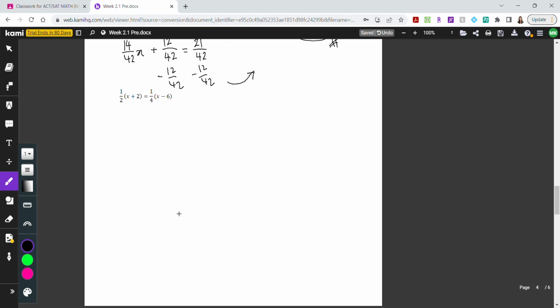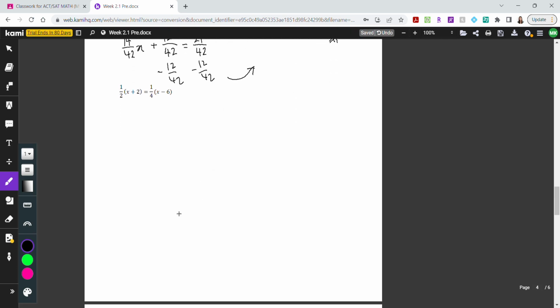And now this is combining everything, but now we have to distribute with fractions. So same thing, half times x is half x, half times 2 is going to be positive 1, equals 1 over 4 times x is 1 over 4 x.